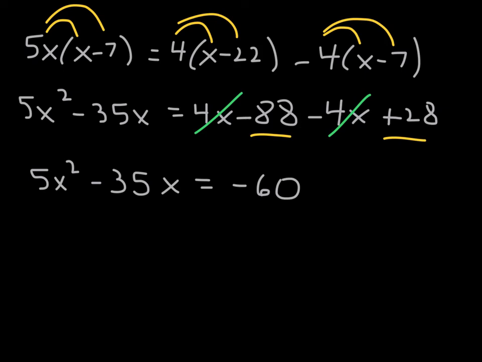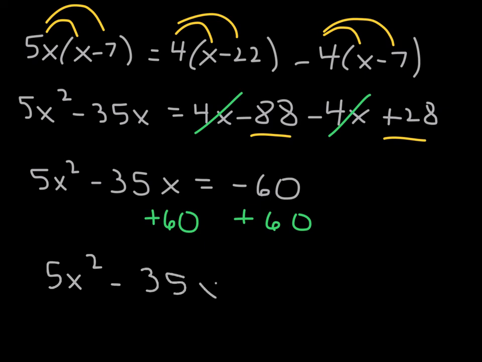So in order to set this equal to 0, I'll add 60 to both sides, right? Because you want negative 60 to go from the right side to the left. That way you get 0 right here. So then you get 5x squared minus 35x plus 60 is equal to 0.